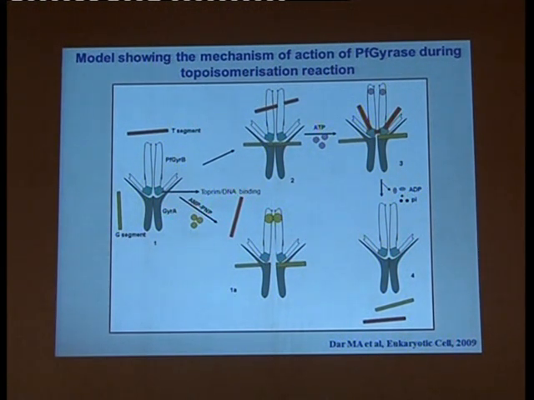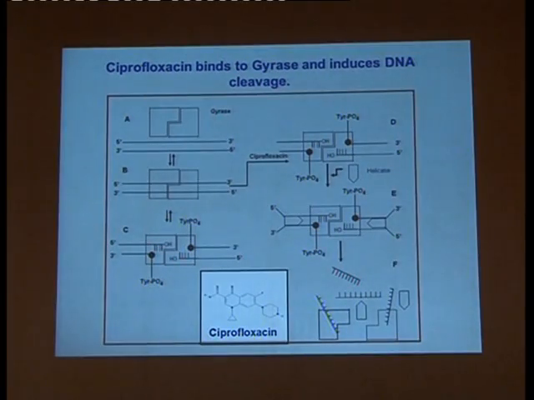And this is the model we proposed by virtue of the fact that gyrase B of Plasmodium specifically binds to DNA. Now, if that is true, how does ciprofloxacin work? Gyrase A has an active tyrosine which cleaves the DNA.